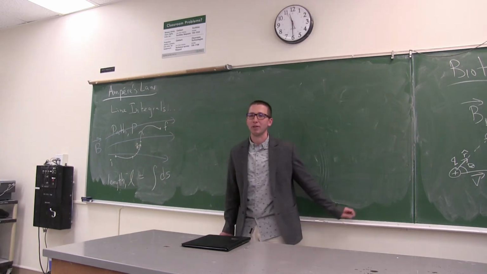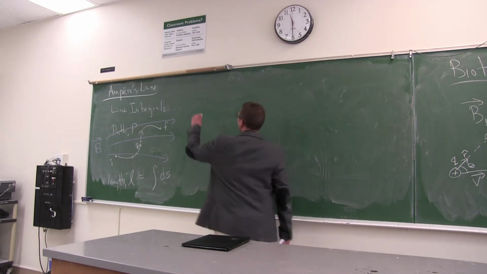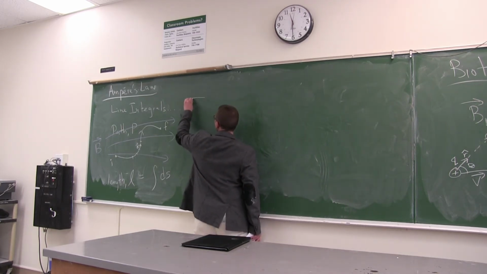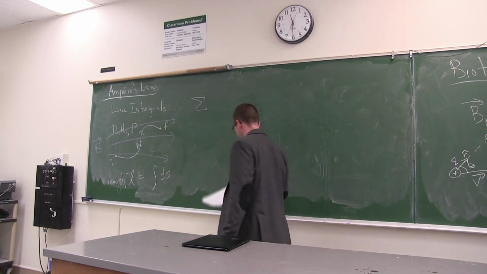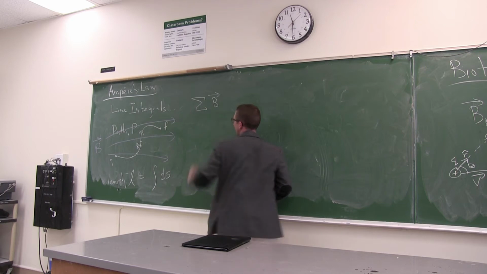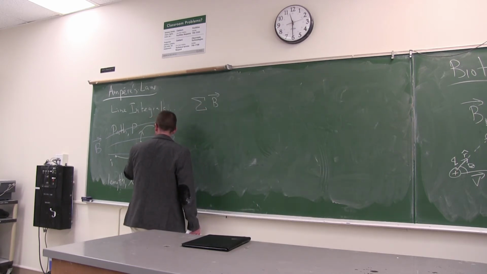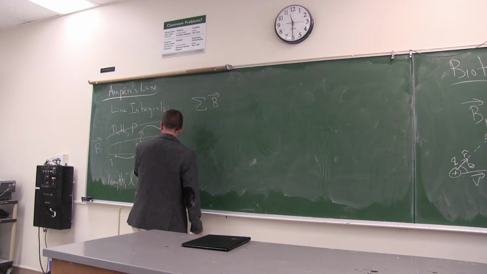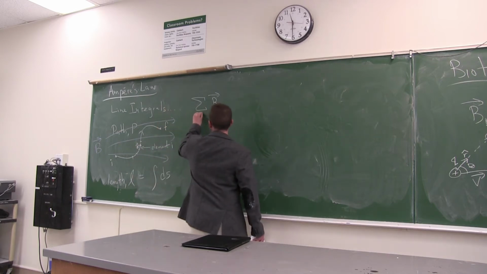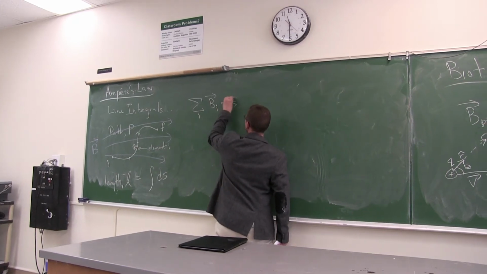So what a line integral does is we're basically summing up all the magnetic fields. Let me call this little piece element I. So I'm going to sum over I the magnetic field at I, and I'm going to dot that into ds.